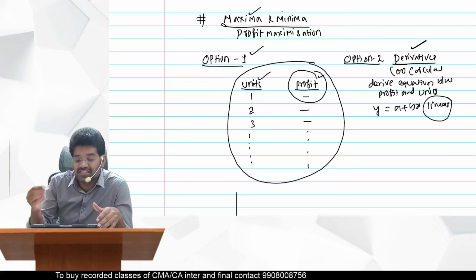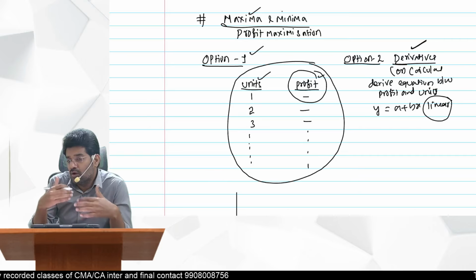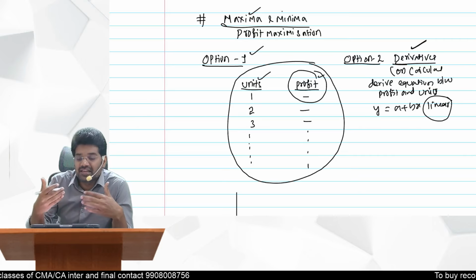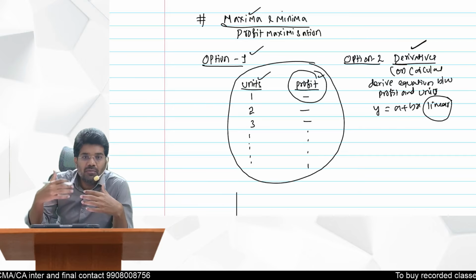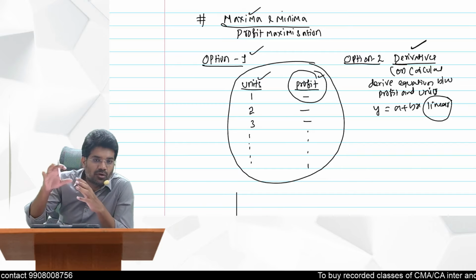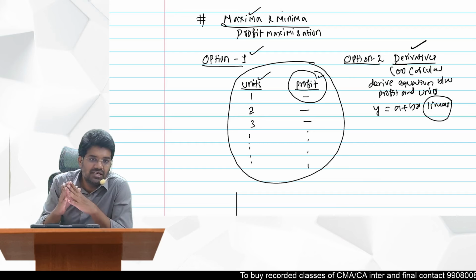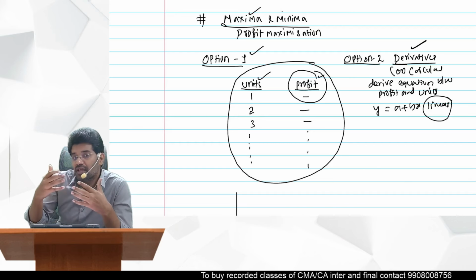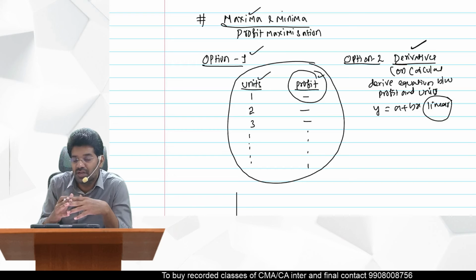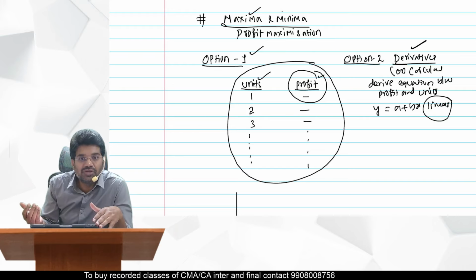But the thing is, our outcome is not linear. That is, the profit may not be linear with respect to units, because you know that the cost consists of variable cost as well as fixed cost. So it may not be variable with respect to the number of units.